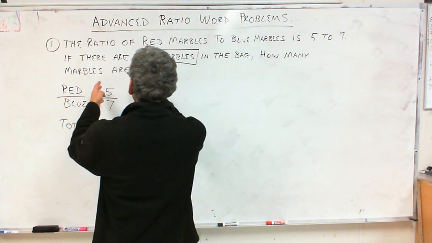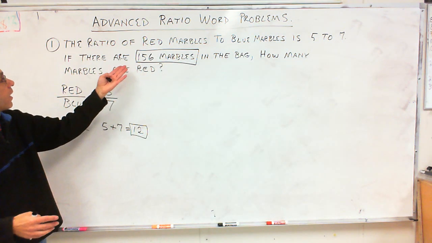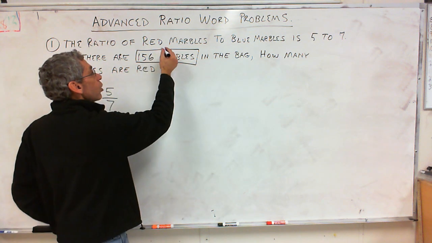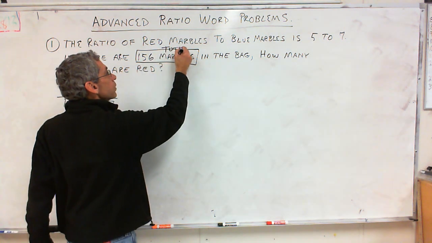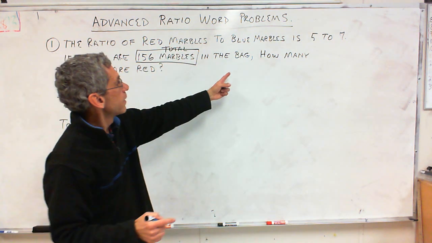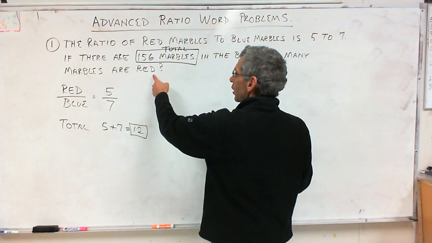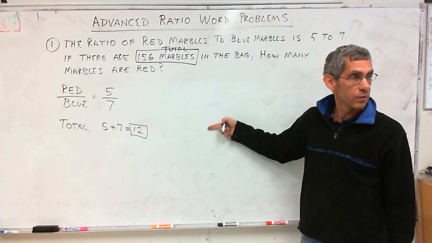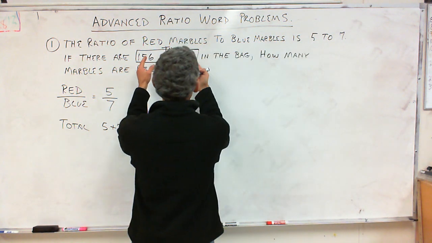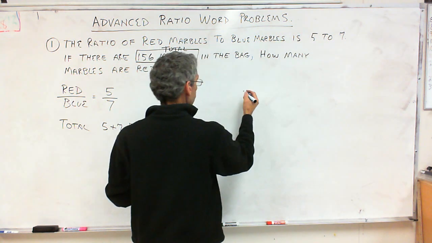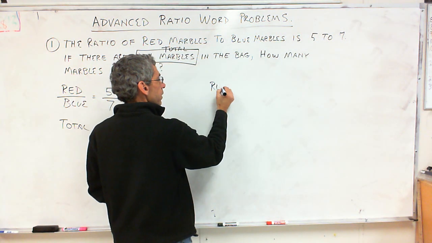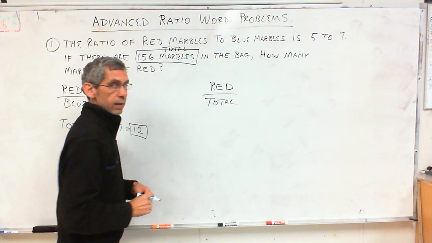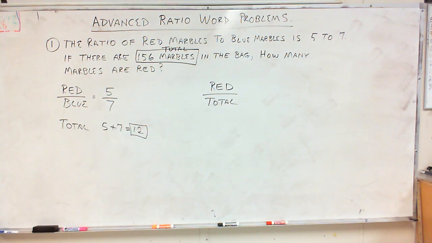Now I'm going to deal with this. There are 156 marbles. This is my total. And how many marbles are red? It doesn't matter which I put first, but I've got a total and I've got red, so I'm going to put red on top, red over total. Does that make sense? We don't care about blue.